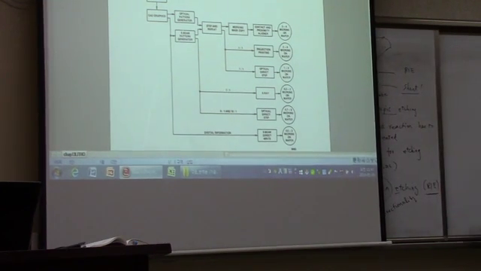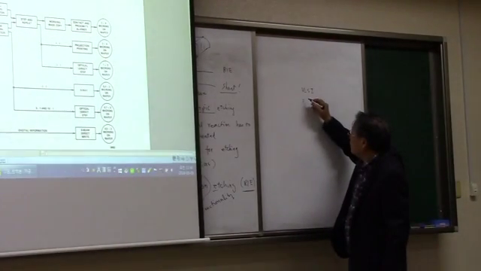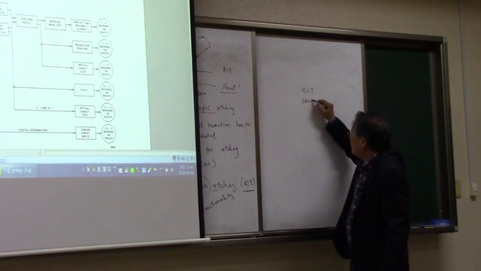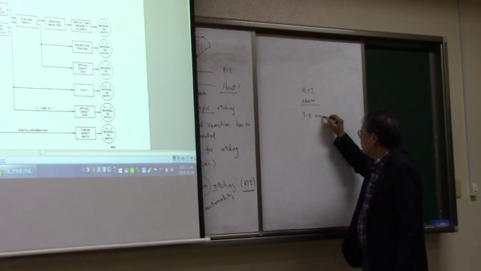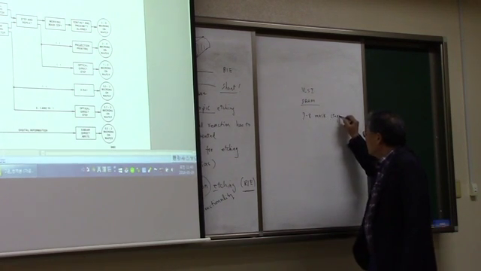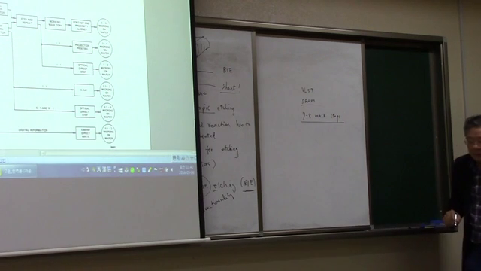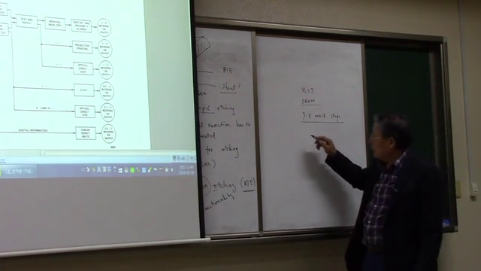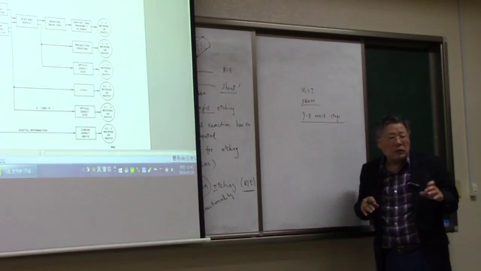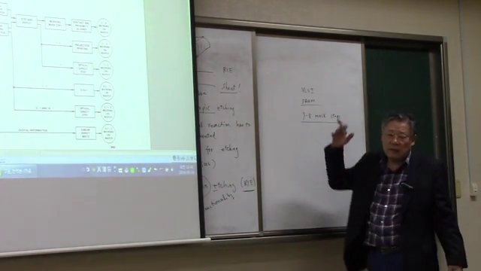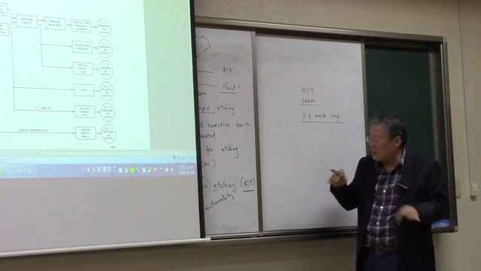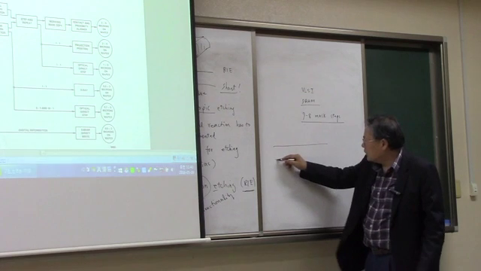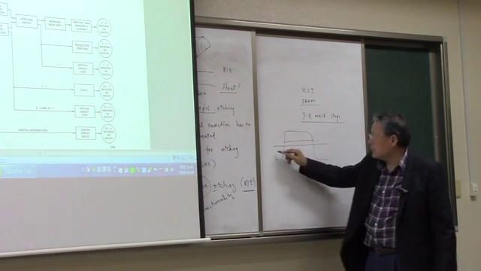For the VLSI process, the simplest one is DRAM fabrication, and for DRAM fabrication you need 7 to 8 mask steps. So you have a repetition of deposition of layers and then etching of layers, and each pattern has to be aligned to form one set of transistors like this.